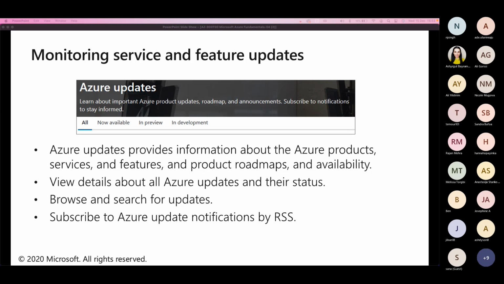Generally speaking, if you have a cloud platform, you are going to have updates applied regularly and automatically. So it takes that worry away about making sure that your system is up to date.